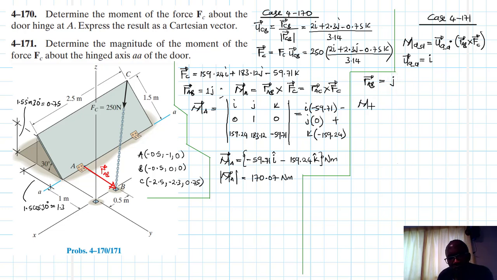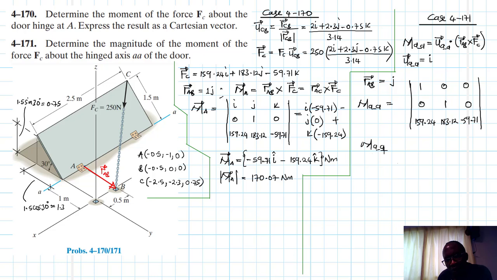So we have M dash A, which is just going to be equal to, using our tool, instead of IJK there, we're going to use the unit vector UAA, which is just 1, 0, 0. RAB is 0, 1, 0. And the force vector FC is 159.24, 183.12, negative 59.71.